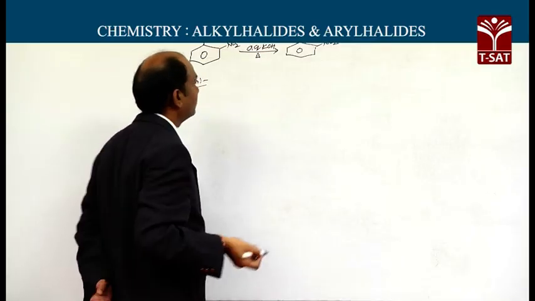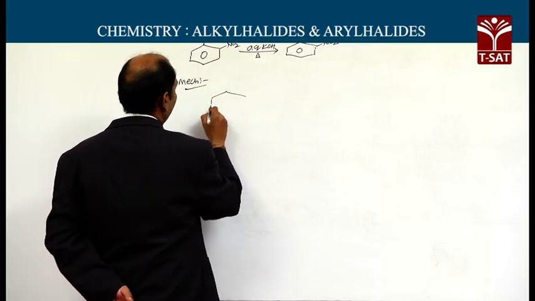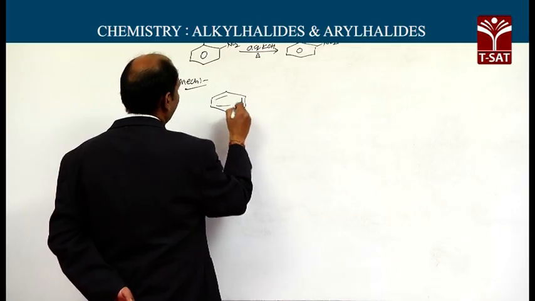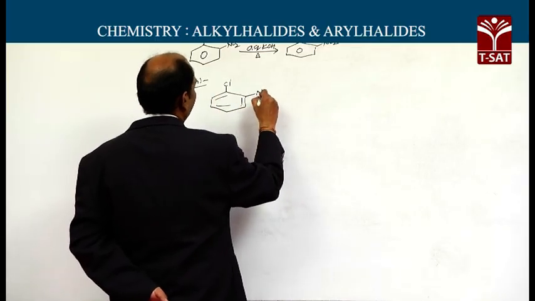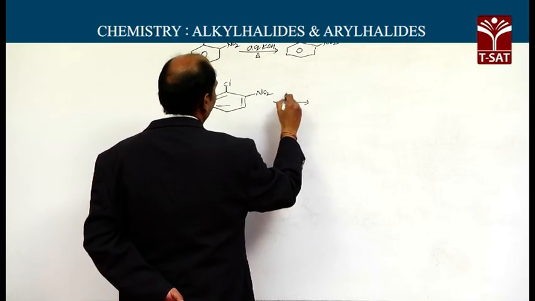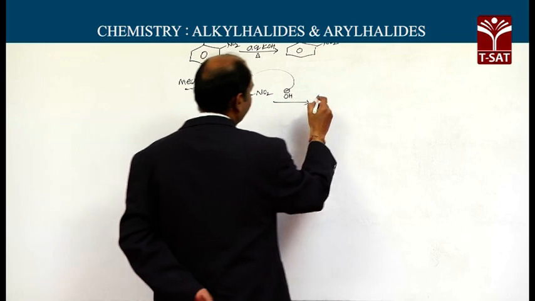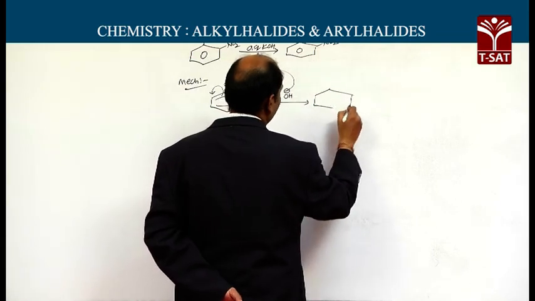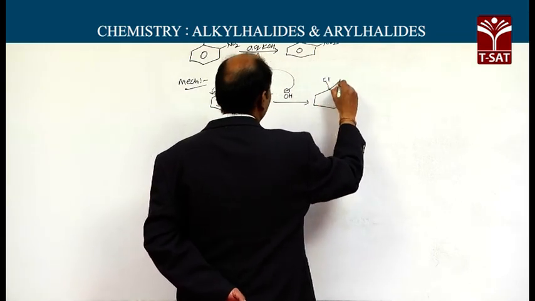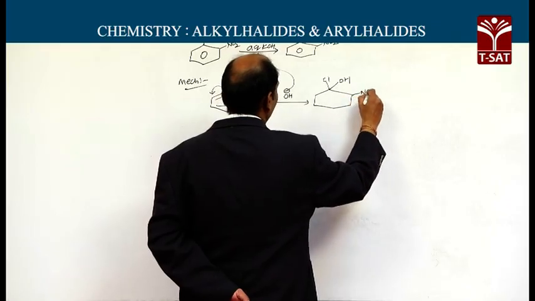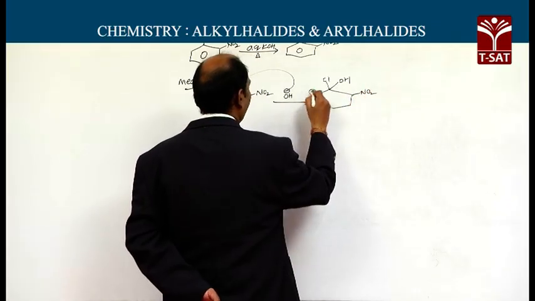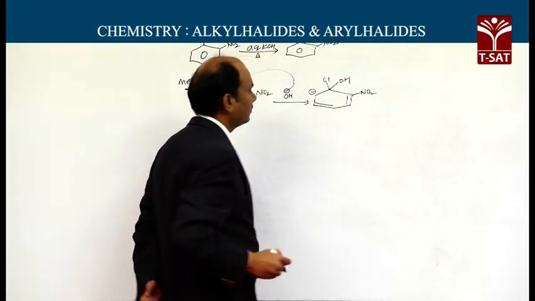Again the same, this is Cl, here it is NO2, OH minus is attacking here, the pi electrons are migrated. So here this is Cl, this is OH, here it is NO2, here negative charge, double bond.